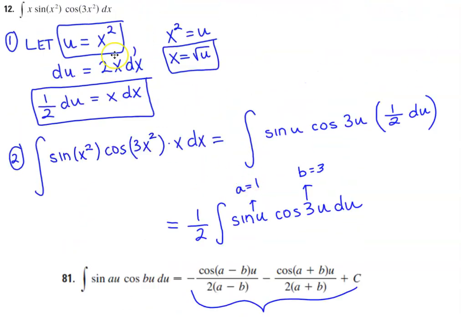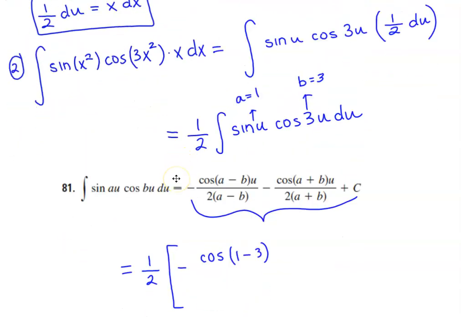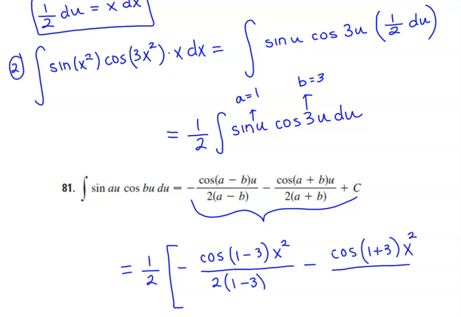Well, we know that u is equal to x squared over 2 times a, which is 1, minus b, which is 3, minus the cosine of a plus b, which is 1 plus 3, times u, which is x squared, over 2 times a plus b, and that is plus c.